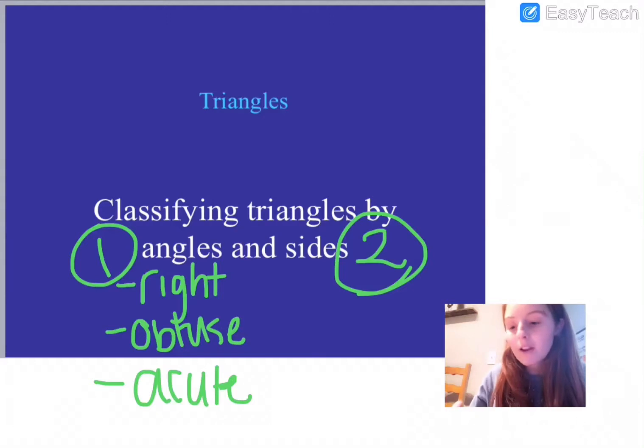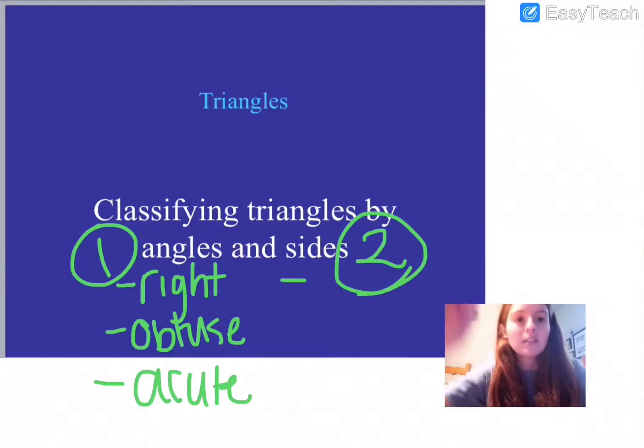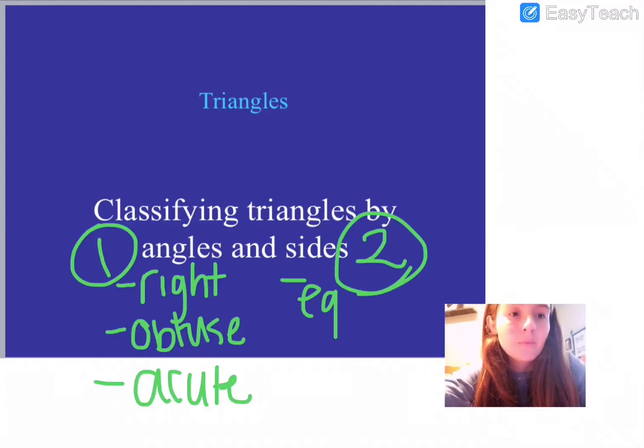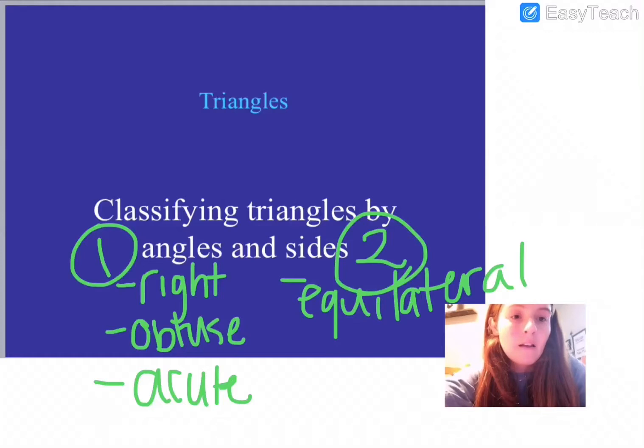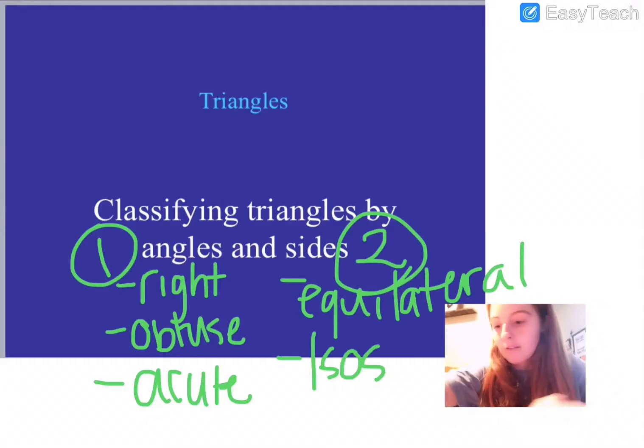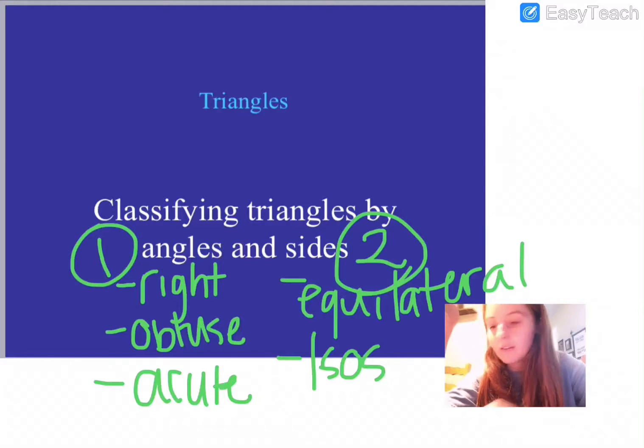And then the second way to classify it is by its sides. There are 3 different types of triangles based on their sides. For sides, there is equilateral, isosceles, make sure I spell it right.